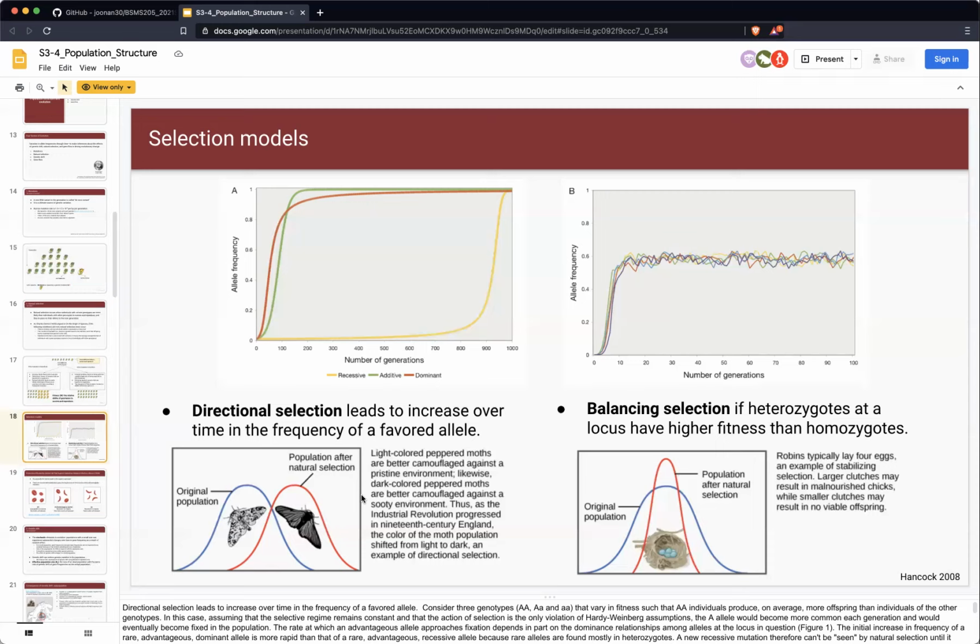But in another situation, without the pollutant, the light colored moths are likely to make up the population. So it is describing which trait is favored in a certain population, right?